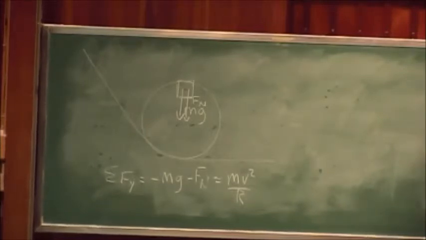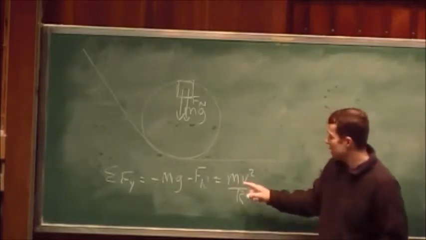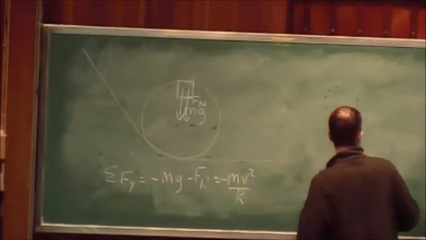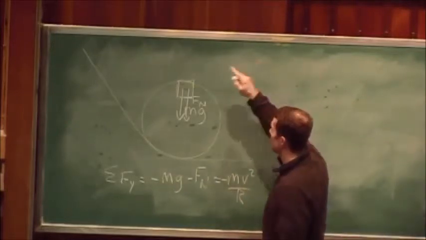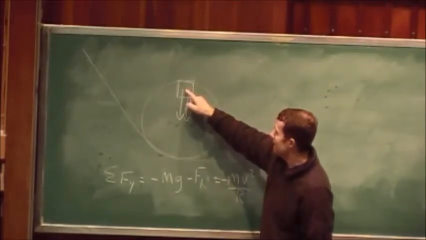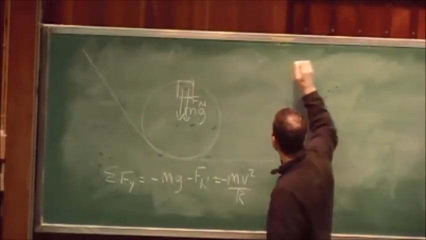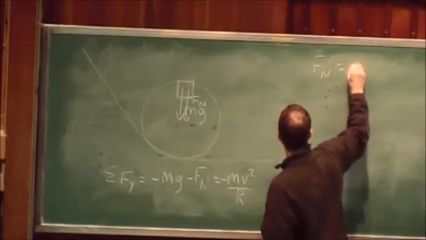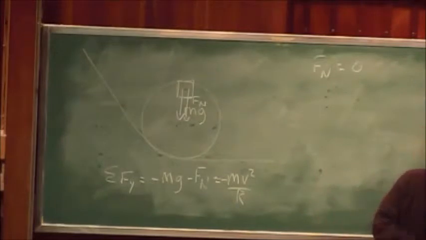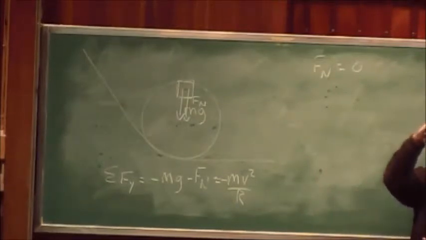So we have to be a little careful here to remember that this is minus v squared over r because it's pointing towards the center. And so if we want to consider the minimum velocity needed in order to maintain for this point up here, what we're going to assume is F normal is equal to 0, because that is the minimum speed needed to where it's just about ready to leave the top.